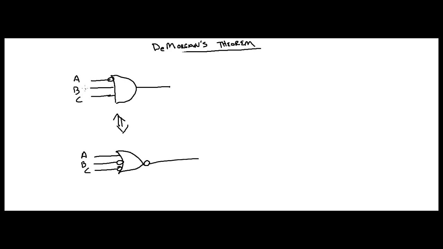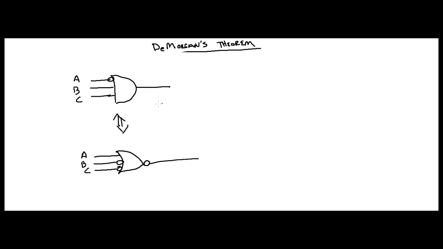It doesn't matter. Just remember, if the input is inverted, then uninvert it. If the input is not inverted, then you're going to have to invert it. And the same in your output. If it's not an inverted output, you're going to have an inverted output. Okay?